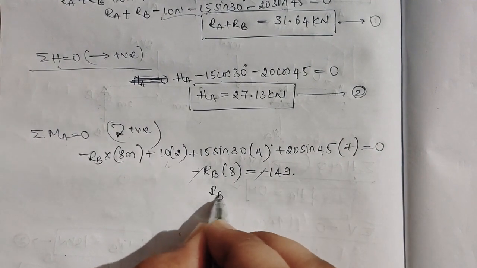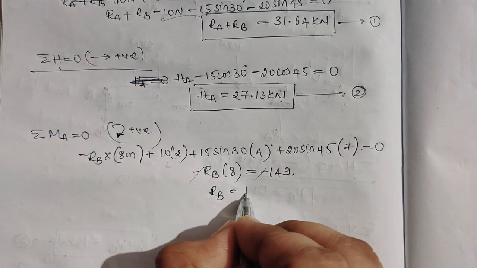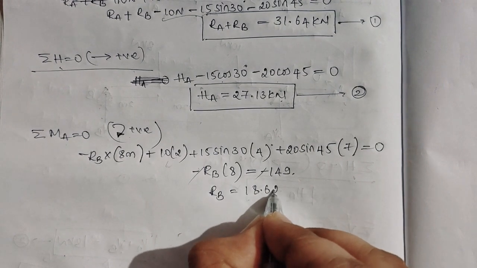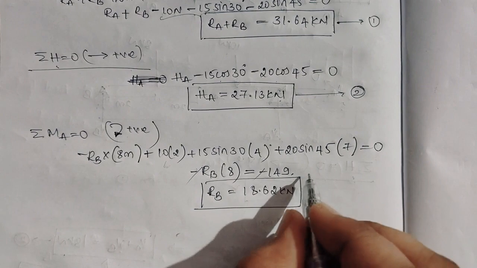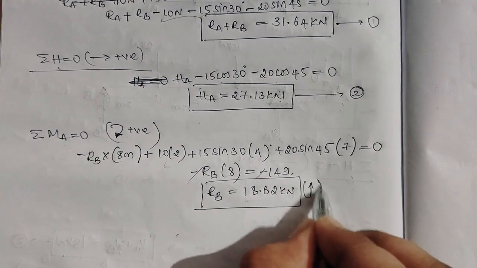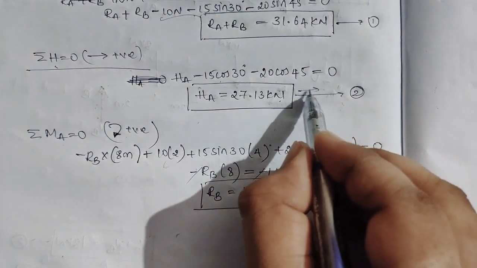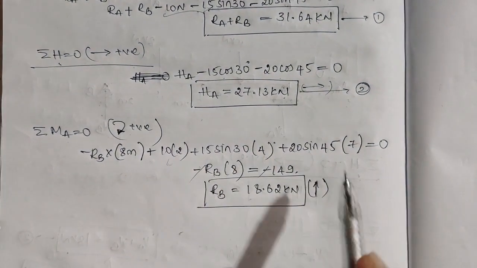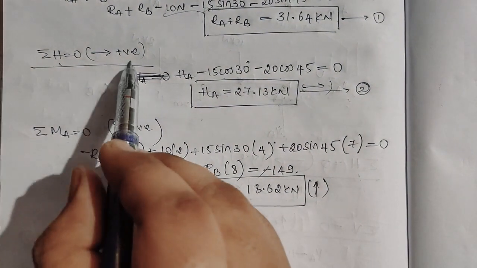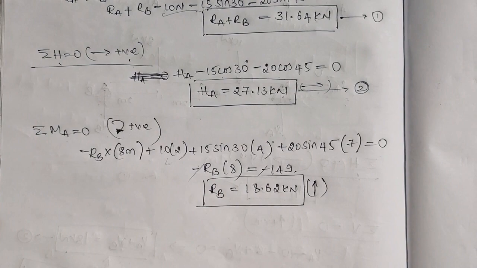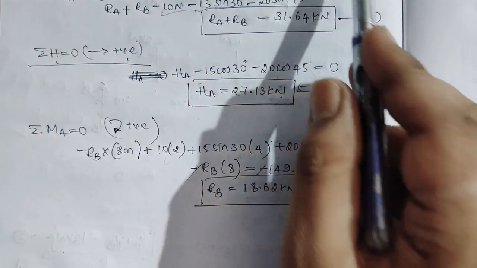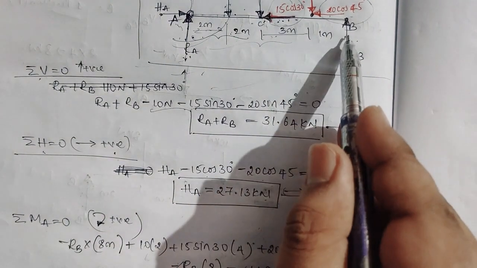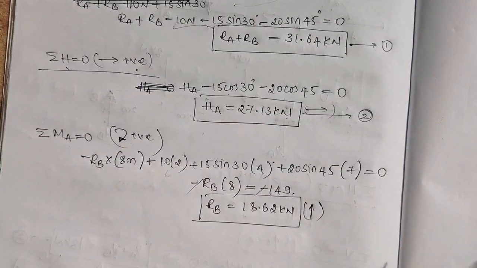So RB is equal to 18.62 kilonewton. Okay, we got a positive value. Here also we got a positive value. If we are getting a positive value, it means our assumption is correct. We have taken RB as upward, so RB is okay.